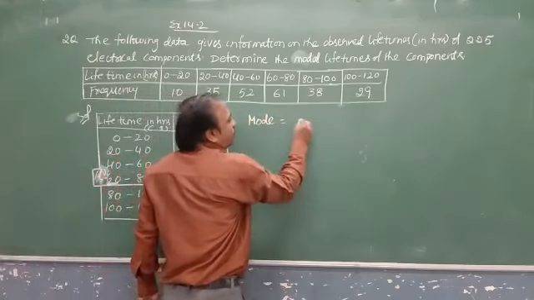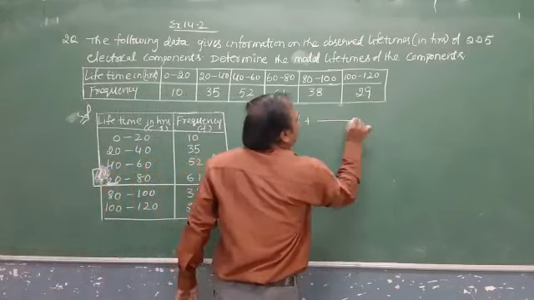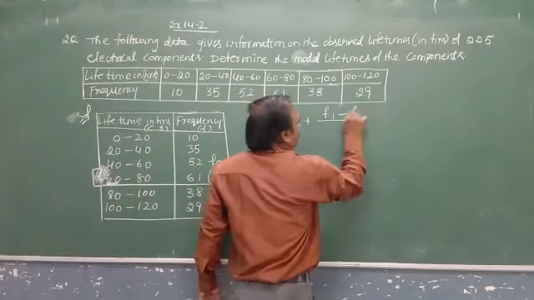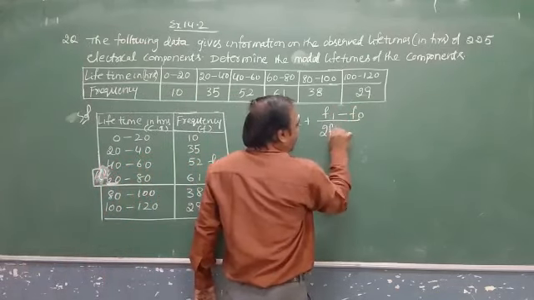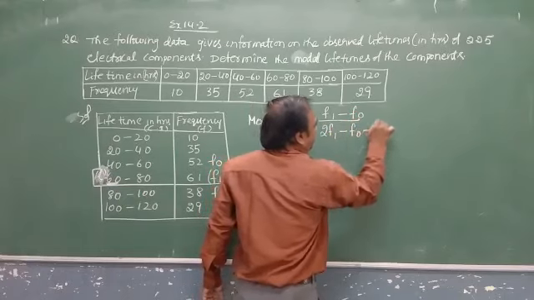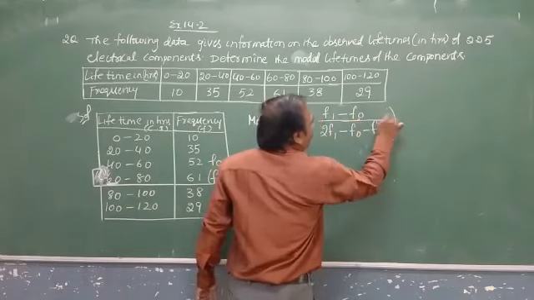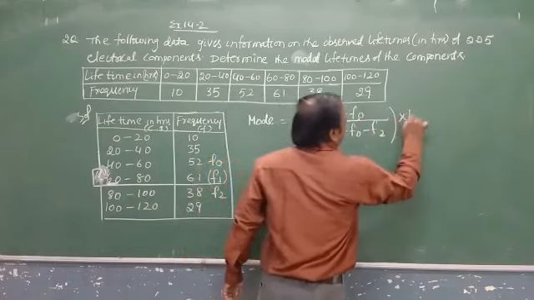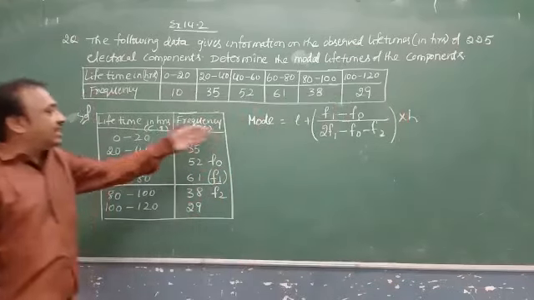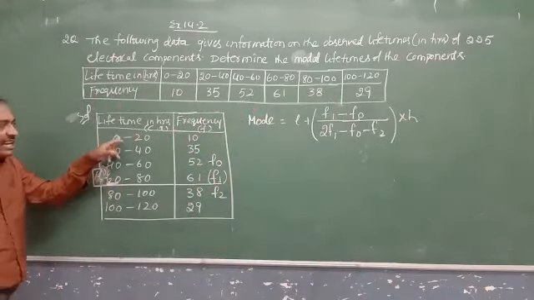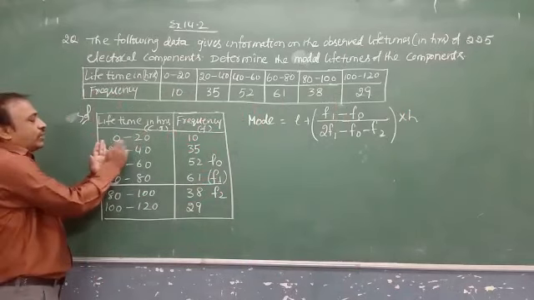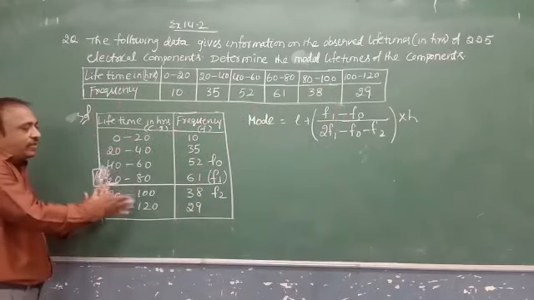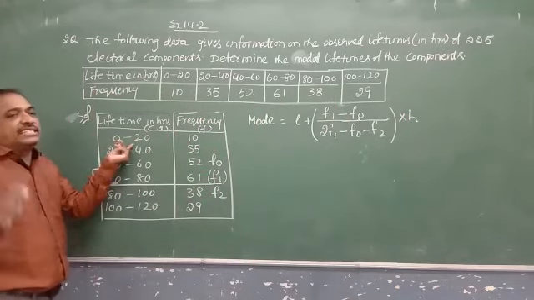Mode is equal to L plus (F1 minus F0) by (2F1 minus F0 minus F2), into H. These values are all there in the question. H is the class size: 0 to 20, 20 to 40, the class size is the same for all class intervals, so the class size is 20.